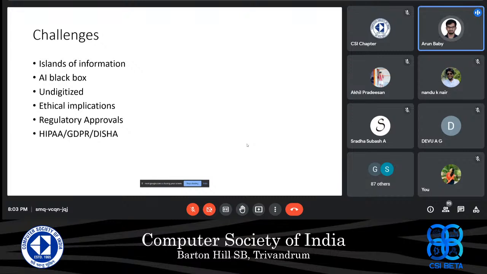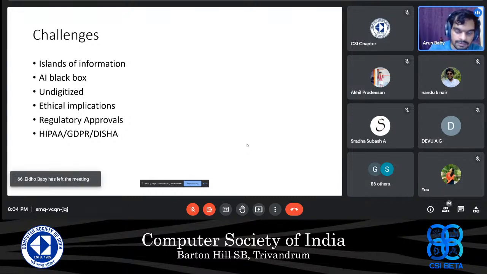It is very difficult for different hospitals to come to an agreement and share patient details. And they always have non-standard ways of storing information. So it is one of the most difficult challenges to overcome when developing AI, because we need a lot of data, and this data is dispersed across different places.